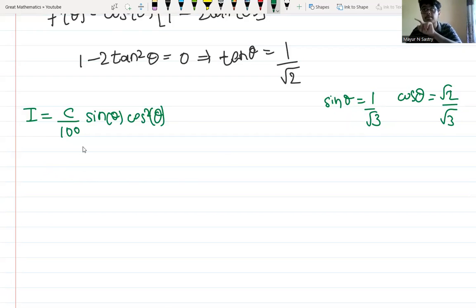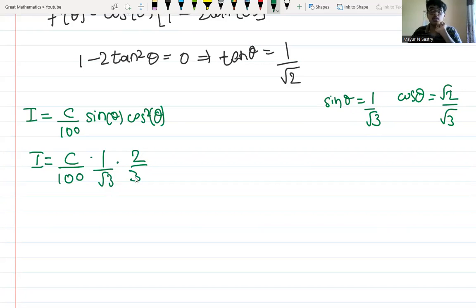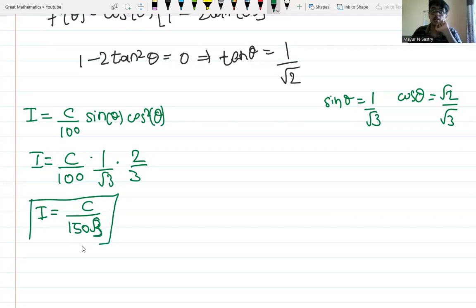Thus, by substituting the values, you have I equals C by 100 times sine of theta, which is 1 over root 3, times cosine squared theta, which is 2 by 3. Thus, the illuminance is going to be C by 150 square root of 3. So this is the maximum possible illuminance at any point on the garden.